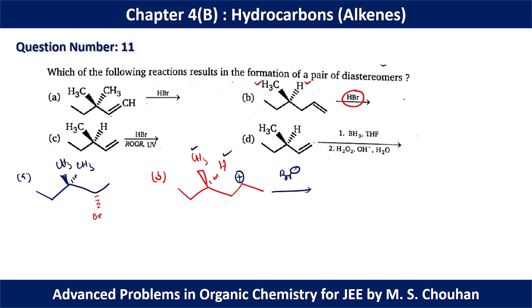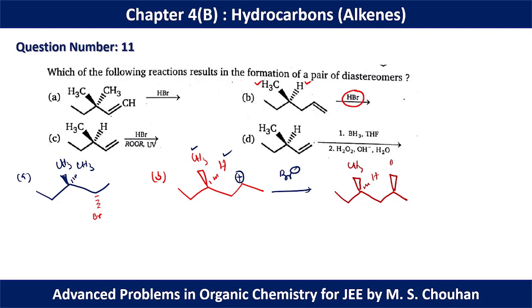Obviously, those two products are not mirror images of each other, but the linkages are the same. If the products are not mirror images of each other, but the linkages are the same, they are known as diastereomers. We can draw two structures like this. We have CH3 above the plane, hydrogen below the plane.